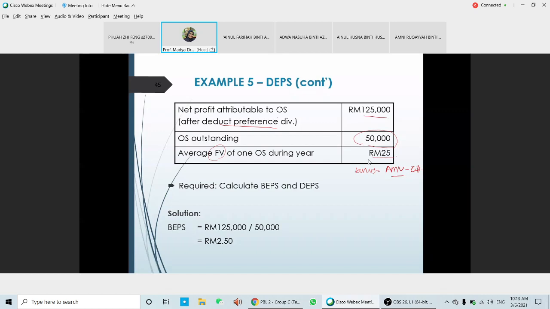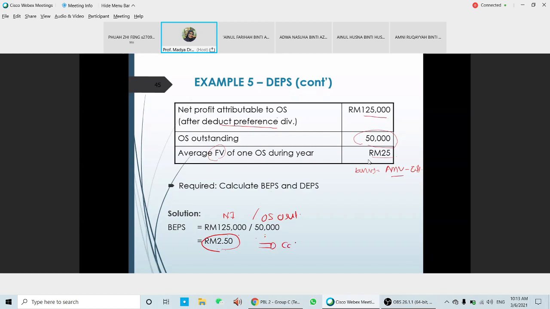We need to calculate the basic earnings per share and then diluted earnings per share. Basic earnings per share is based on the net income divided by number of shares outstanding. So 125 divided by 50, so 2 ringgit and 50 cents will be your basic earnings per share.